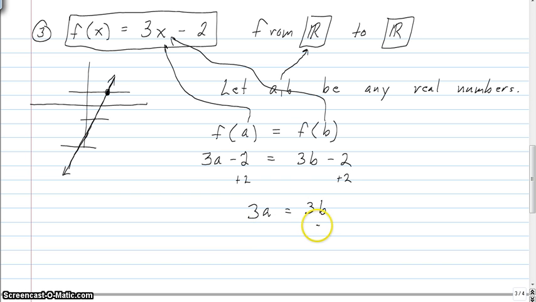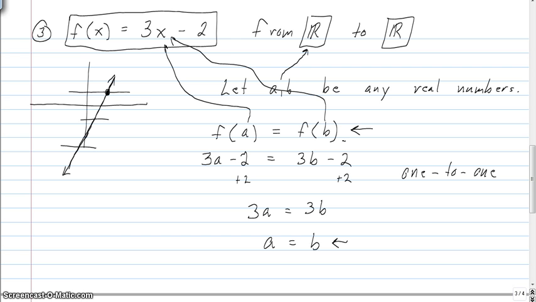And then of course divide both sides by 3. So starting with this assumption, we end with the conclusion that those two x values must have been the same. And so that verifies that the function is one-to-one.